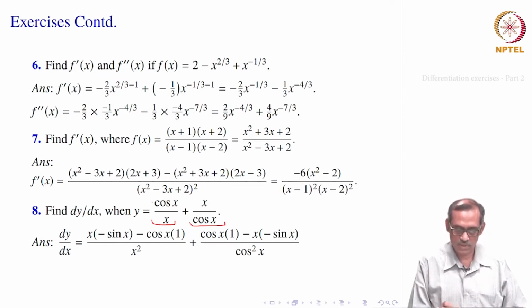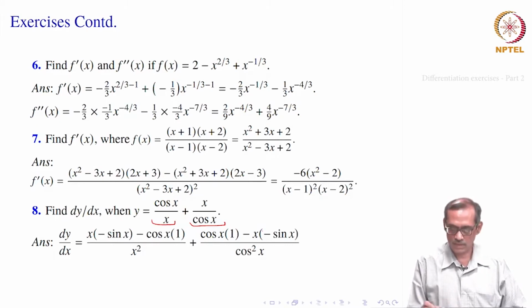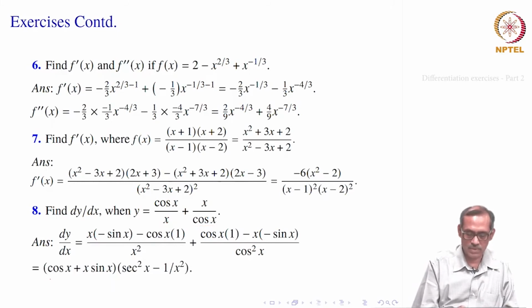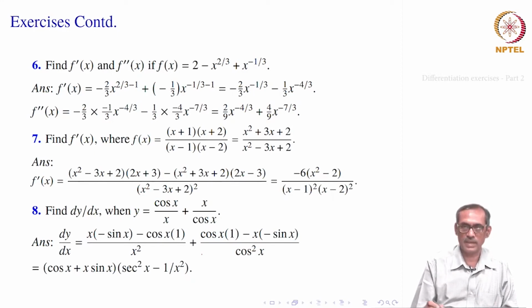So, it is x times differentiation of cosine x, that gives minus sin x, minus cosine x times differentiation of x, which is 1, divided by x square, and the second one similarly cosine x into differentiation of x, which is 1, and minus x into differentiation of cosine x, which is minus sin x, divided by cosine square x, and we simplify, that gives cos x plus x sin x into secant square x minus 1 by x square. So, you should verify it later, whether this is correct or not.